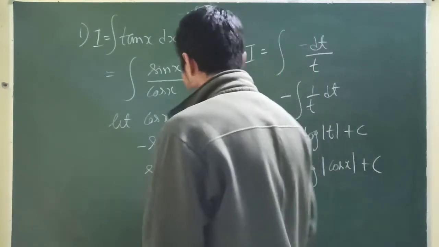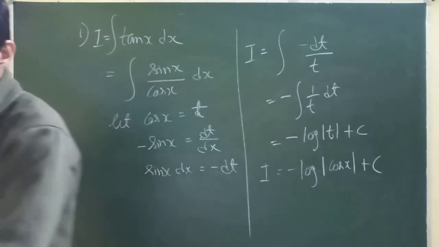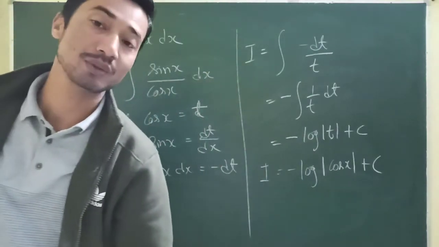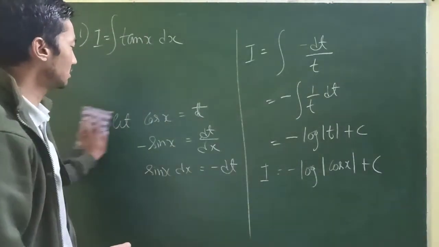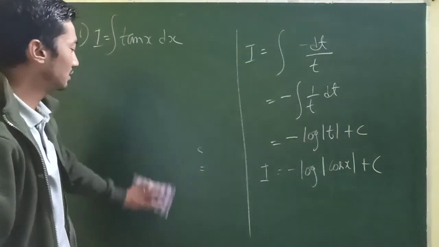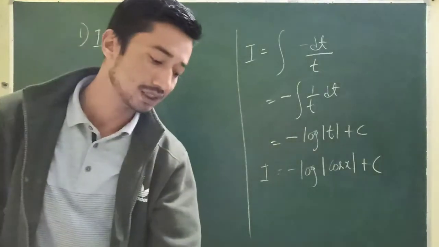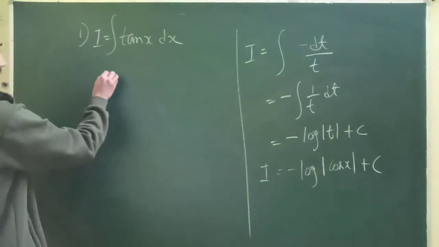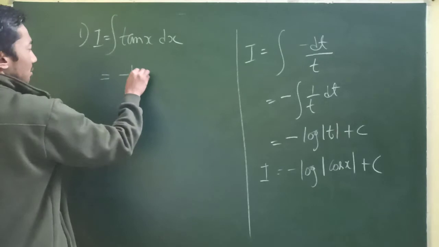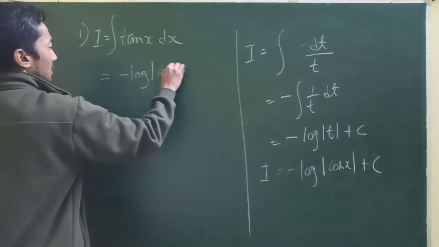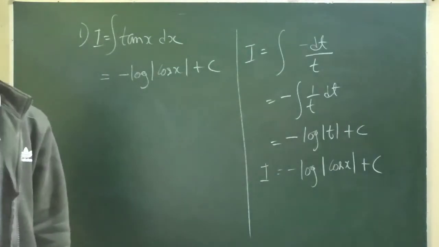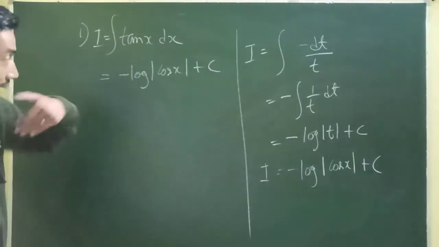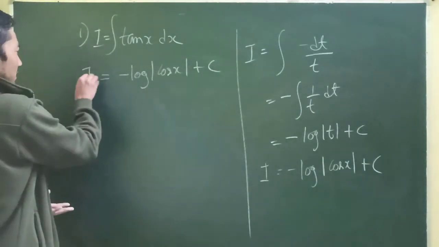So this is the formula for integration of tan x, and that is how we derive it. You can note down this formula and use it in the future. That is, integration of tan x is minus log of cos x plus c. There is another representation of this particular formula.